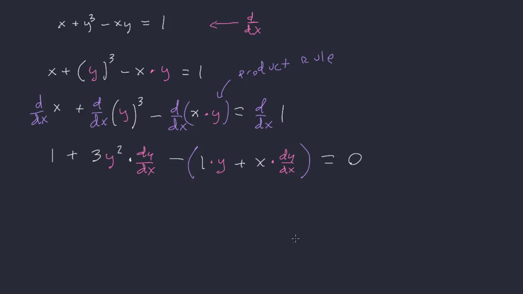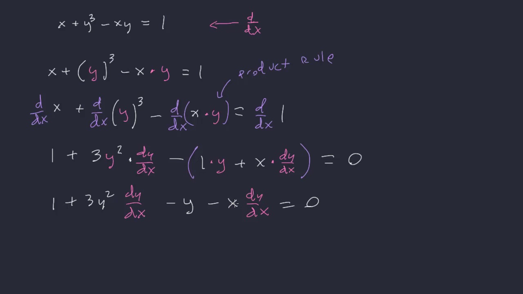Okay, so let's simplify this a little bit. This is 1 plus 3y squared dy/dx. I'm going to distribute this negative sign, so I have negative y minus x times dy/dx equals 0. And we're going to solve for what's in pink here, the dy/dx.